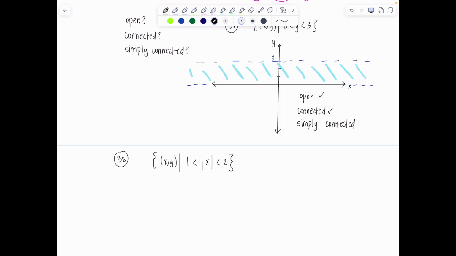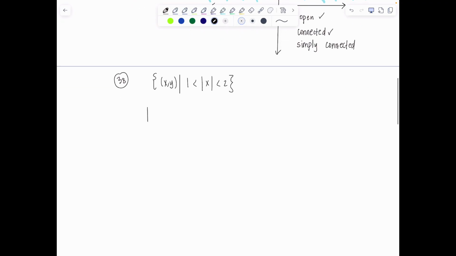Absolute value of x equaling 2 would mean x is 2 or negative 2. And absolute value of x equaling 1 means x is 1 or negative 1. But it's between those values. Okay? So here's how you're going to graph it.